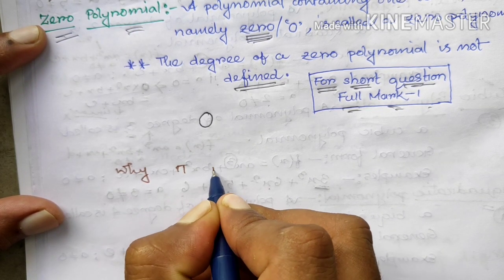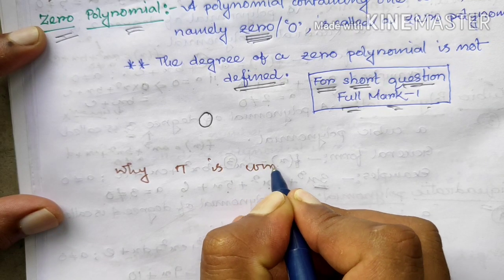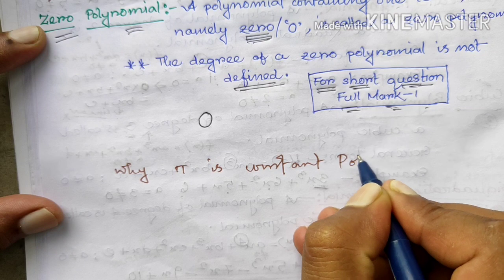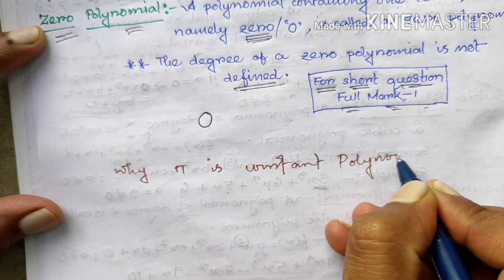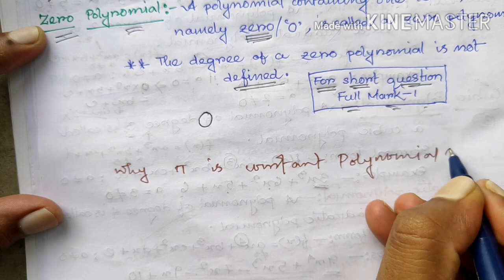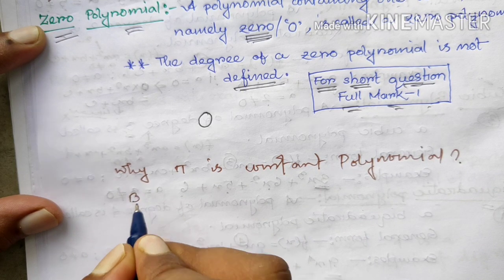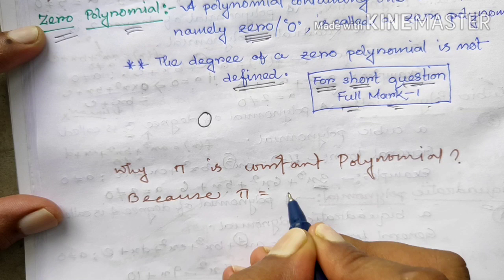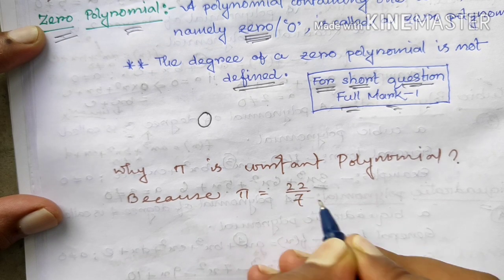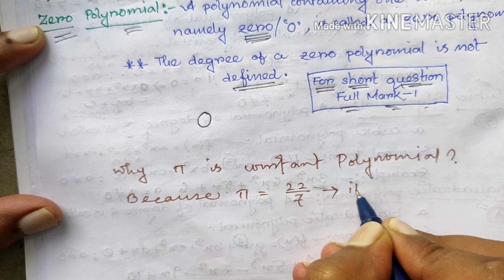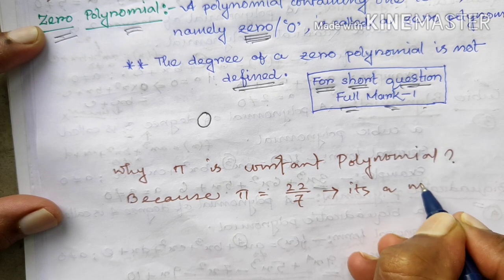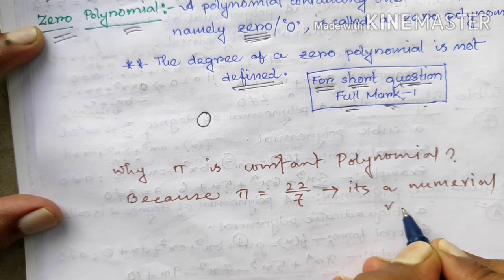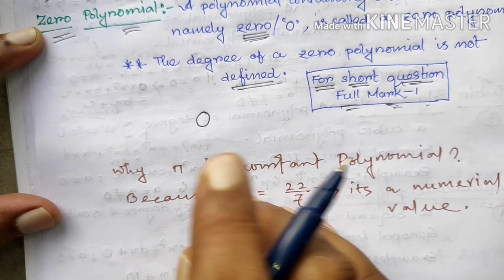Why is pi a constant polynomial? Because pi equals 22 by 7. It's a numerical value.